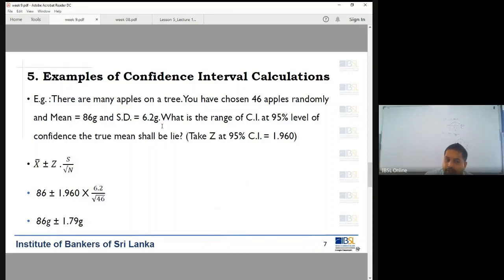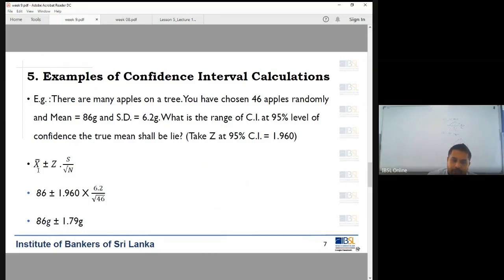You have a mean and you have a standard deviation, and the question asks you at 95% confidence level to give the range of this mean. Now, the question itself has given: take Z at 95% confidence interval as 1.96. So this is nothing but applying the missing pieces into the equation.